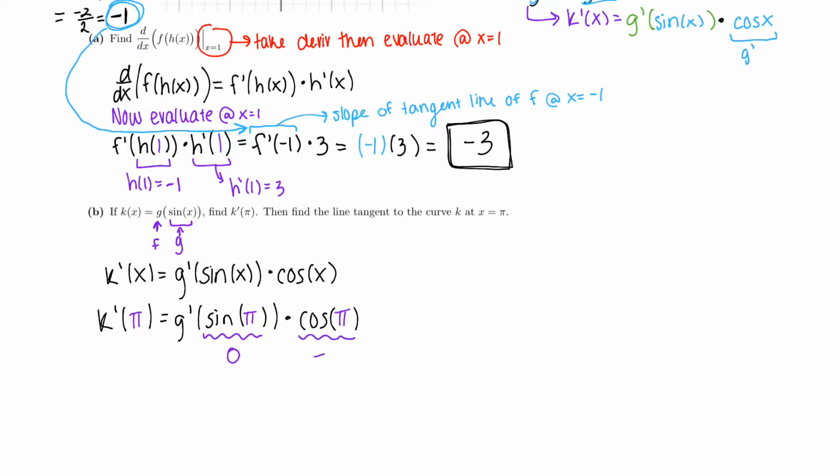Cosine of pi is -1. So we have g prime of 0 times -1. To get g prime of 0, we need to look at the graph. So this is going to be the slope of the tangent line of g at x equals 0.